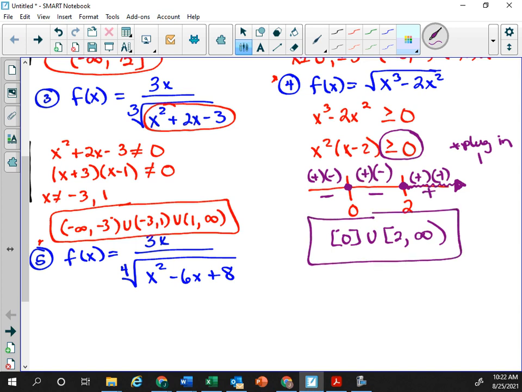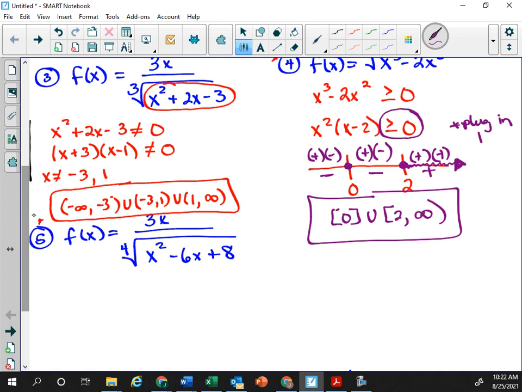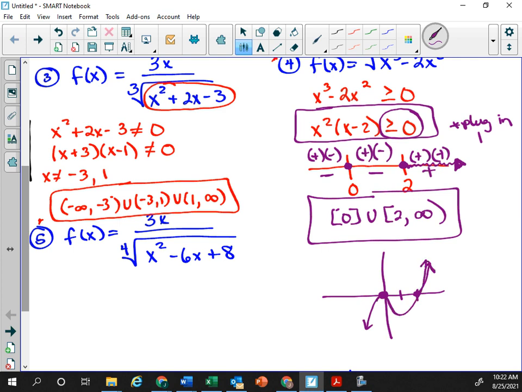If you really like graphing polynomials, you can think about it in that aspect as well. I could look at this piece right here, this x squared times x minus 2, and go, okay, I know I have a 0 at 0, 0. I have one at 2. I know my end behavior. That's going down. That's going up. Bouncing. There we go.